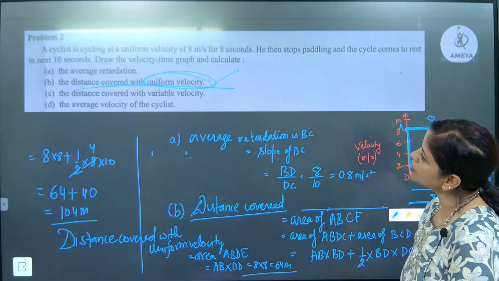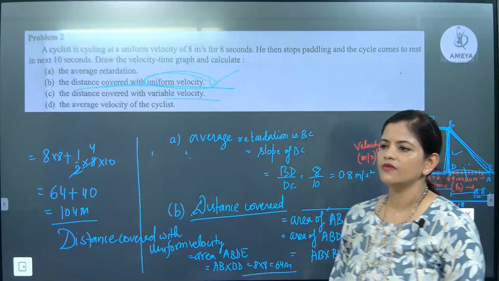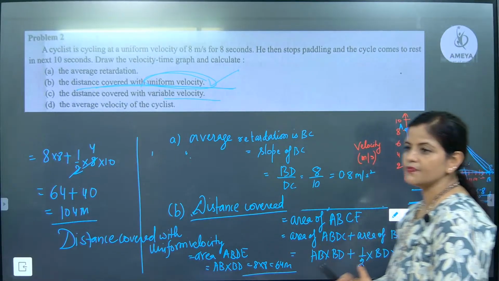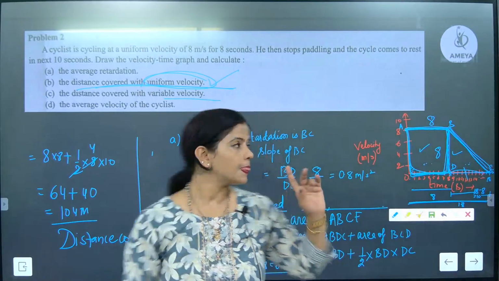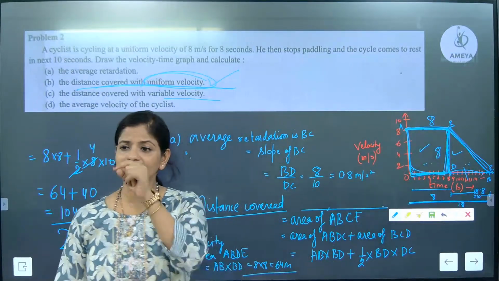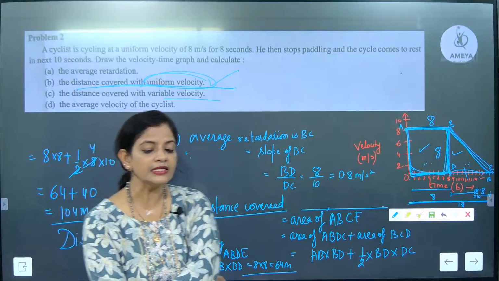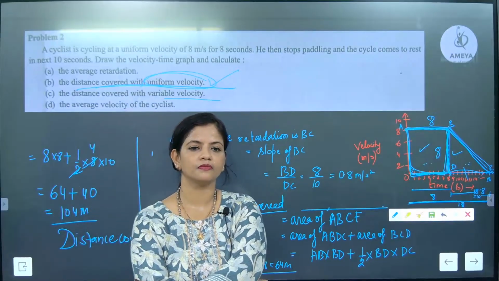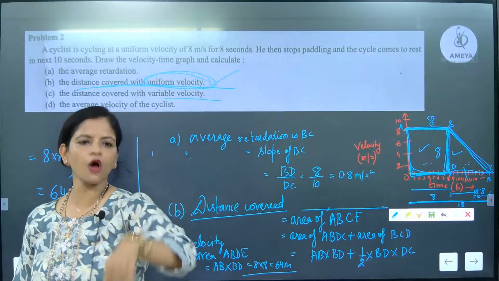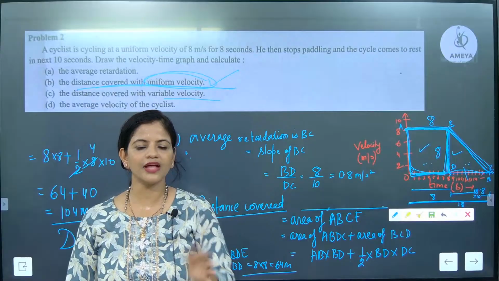Now the third one, distance covered with variable velocity. We found the total distance. In that total distance, this one is uniform velocity. Is retardation uniform or non-uniform? Retardation means we are going to stop the vehicle, so that is not uniform.